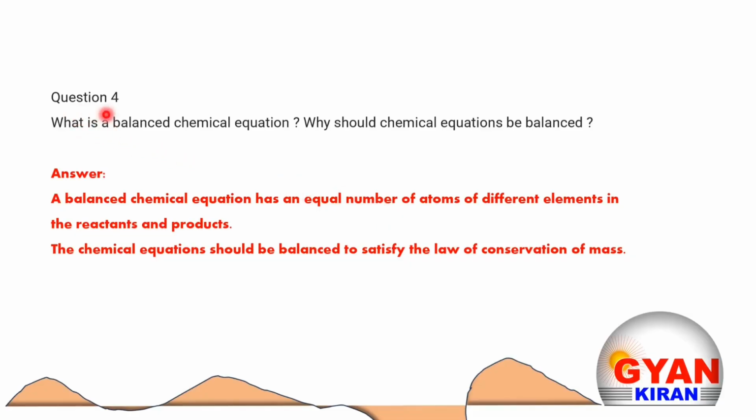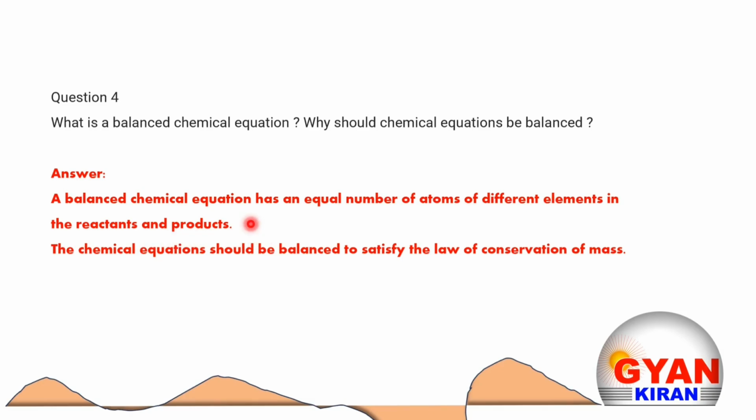Question number 4. What is a balanced chemical equation? Why should chemical equations be balanced? First of all, we have to define what is meant by a balanced chemical equation, and why the chemical equation has to be balanced. In a chemical reaction, there should be an equal number of atoms of different elements on the reactant side as well as on the product side.